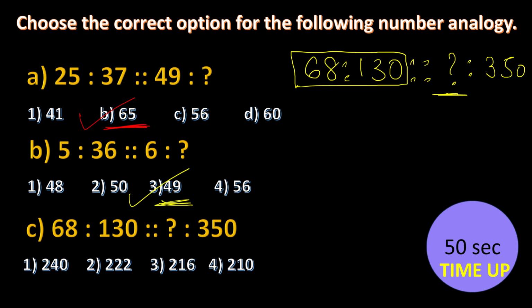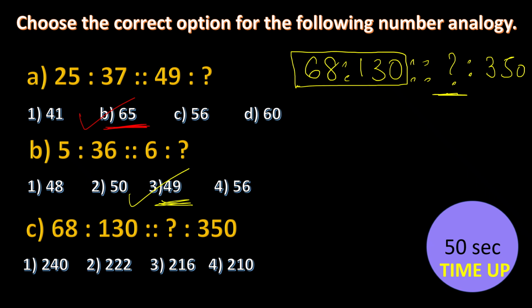68 is to 130. Now you need to see if they are prime numbers. No. Squares. Is there any square nearby? No. Okay. 8 square is 64, plus 4 will give you 68. Fine. But 130, is it close to any square? No. So square logic will not work. Then in the priority list, next comes what?